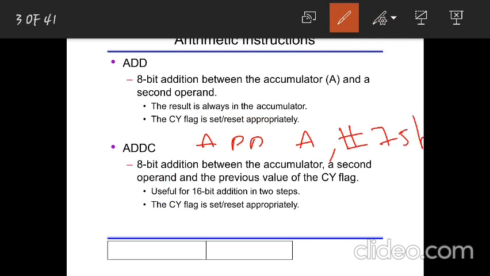If I do this, in A I have the content FE, then I'll get the same result. Okay, but here instead of taking a register, I have taken immediate data.